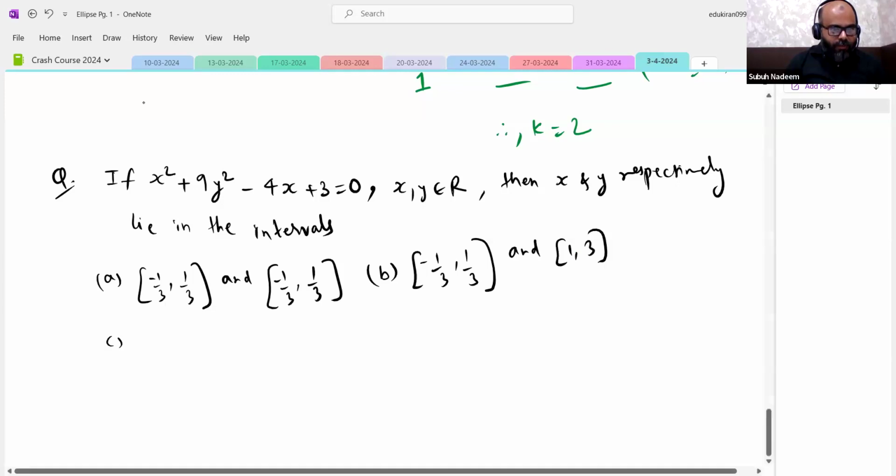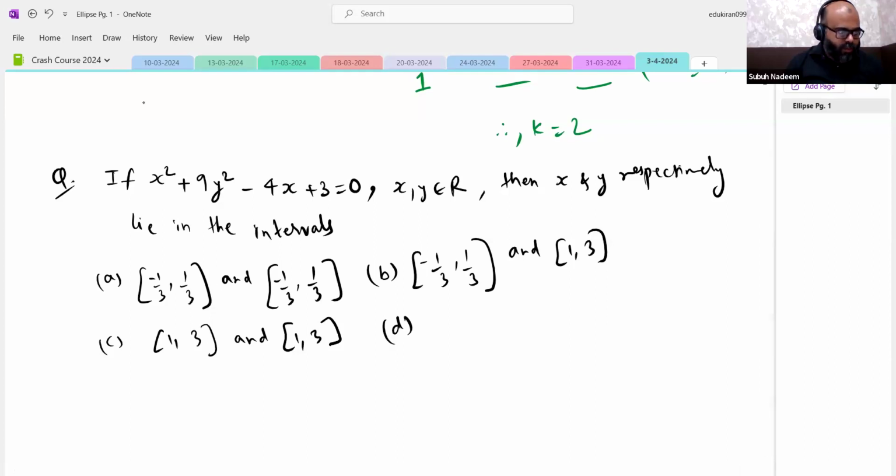Then option C is 1 comma 3 and 1 comma 3, same for x and y both. Option D: 1 comma 3 and minus 1 by 3 comma 1 by 3.